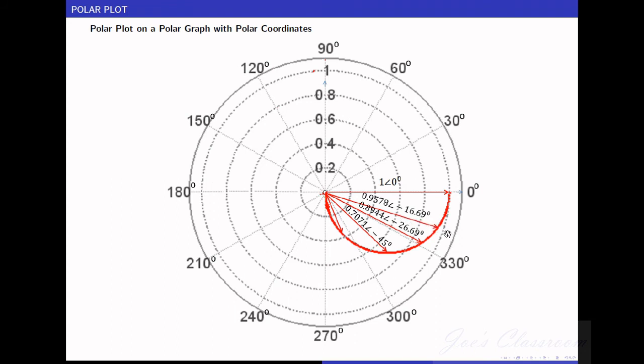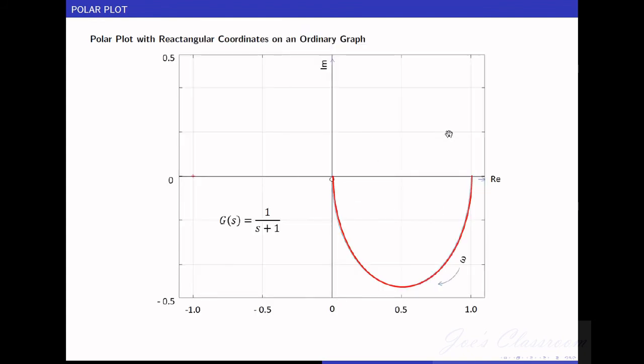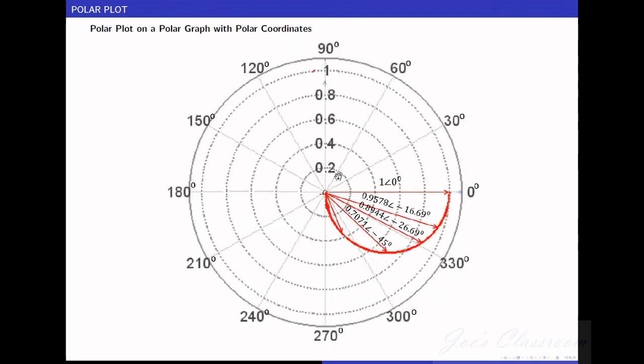And in that line you have to take a magnitude of 0.9578. So in this way you can draw all the phasors and you can connect the ends of all the phasors. So a polar plot can be drawn either on an ordinary graph or on a polar graph.